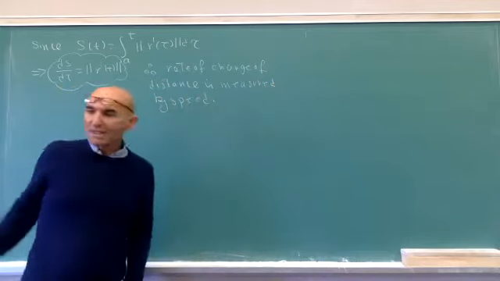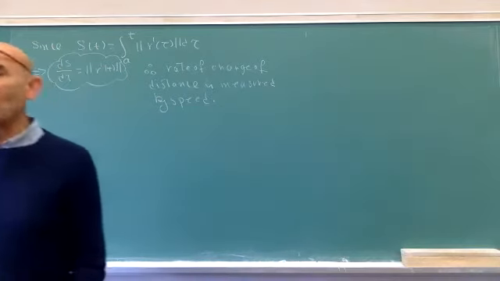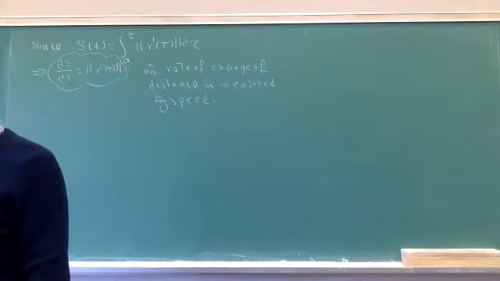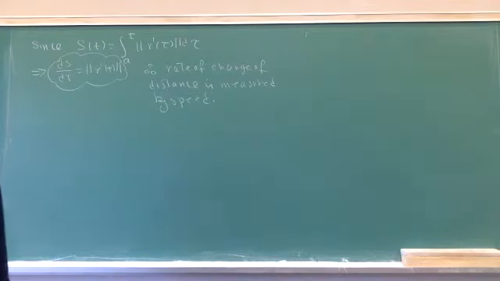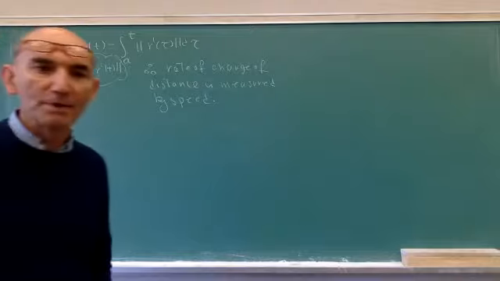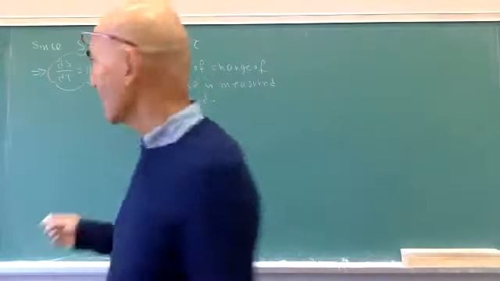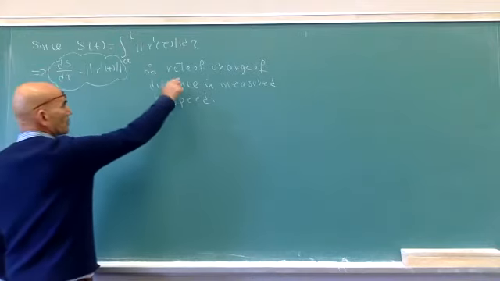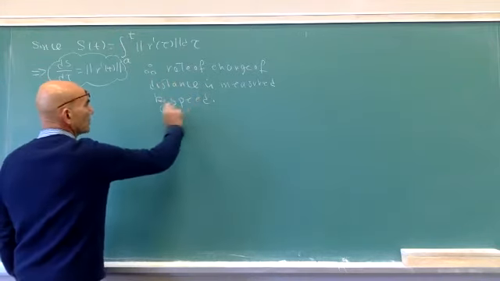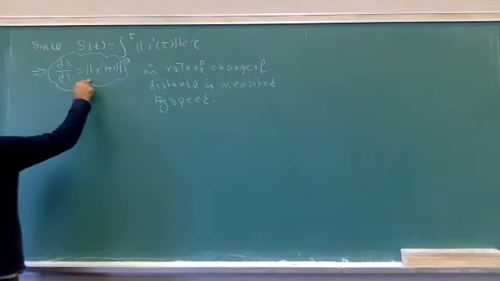By the way, that's what we expect of speed. The speed measures the rate of change of distance. That's the intuitive notion of speed that you've been introduced to in high school or elementary school, whatever. So that makes sense. But this is a three-dimensional version of this. This is important. The rate of change of distance is measured by speed, and this is the formula.